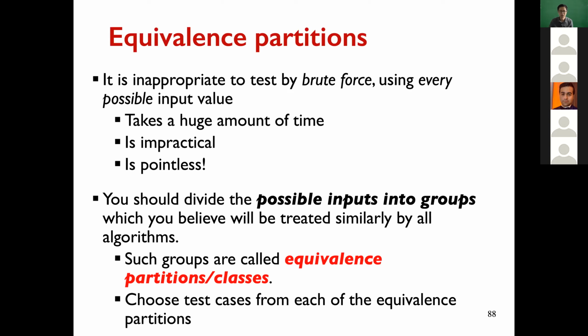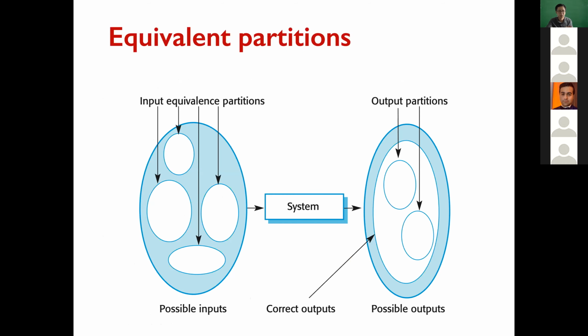Okay, let's look at this figure. The left part represents the inputs, and the right part represents the outputs, and we feed inputs to the system, and it generates the outputs. For inputs, we can partition all the possible input values into some equivalence partitions, as shown in the figure.